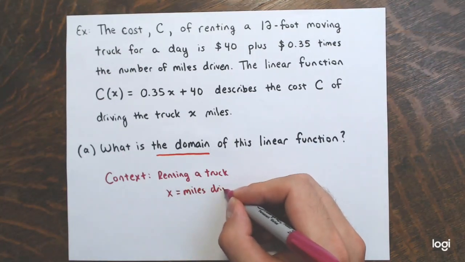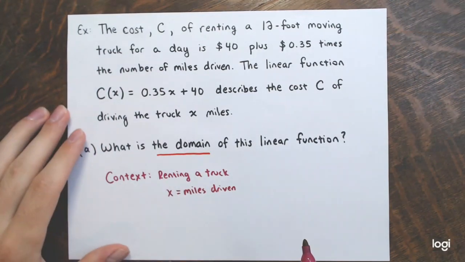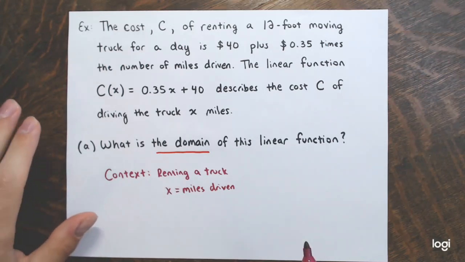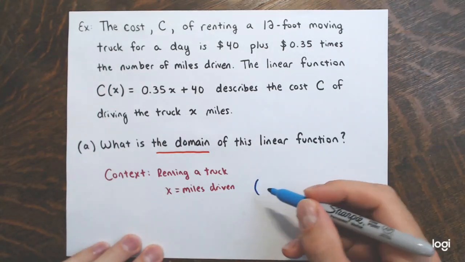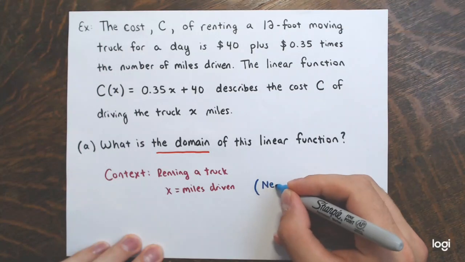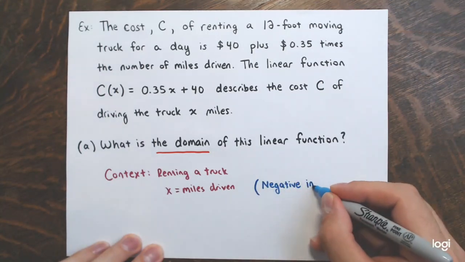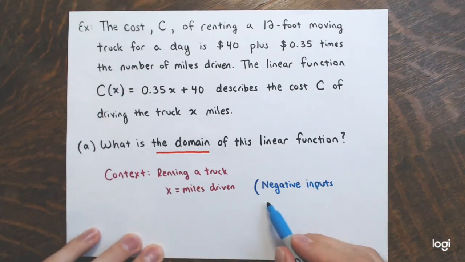So it doesn't make a lot of sense to talk about plugging in negative numbers for x. Can you drive negative miles? So I'll put that in parentheses here: negative inputs don't make sense in this context.